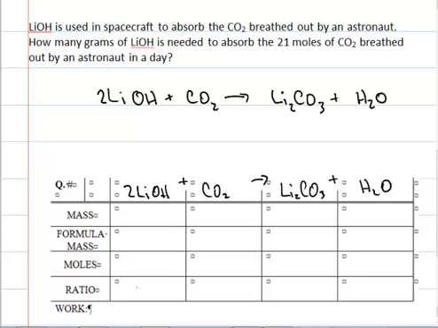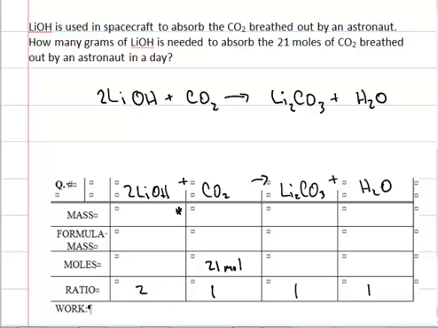And immediately I'm going to put my ratios down here. Okay, and that's just the coefficients. Bring those down. And now let's take a look. We want to know how many grams of lithium hydroxide. So this is where we need to get to. We need to solve for that. And we're starting out with the 21 moles of carbon dioxide.